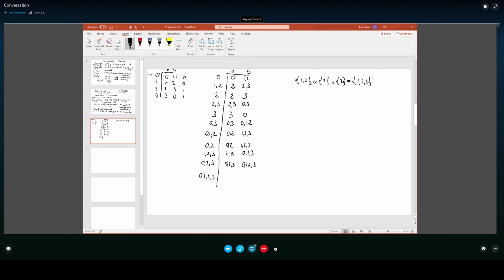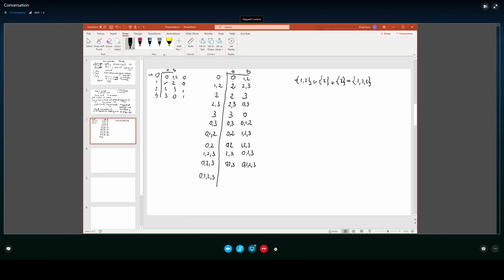And so this seems to be going on forever and ever. Well, the issue here is, of course, that even though it looks like it can go on forever, it is impossible for it to go on forever, because what we're having here are sets that are subsets of the total set of states, of the set 0, 1, 2, 3.